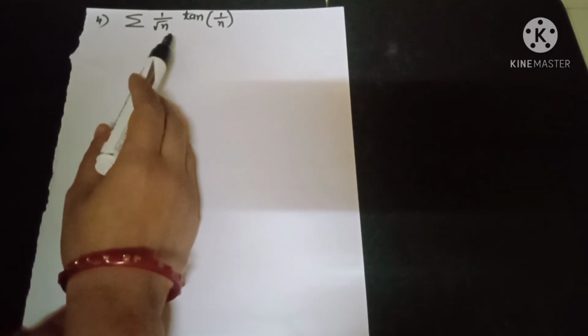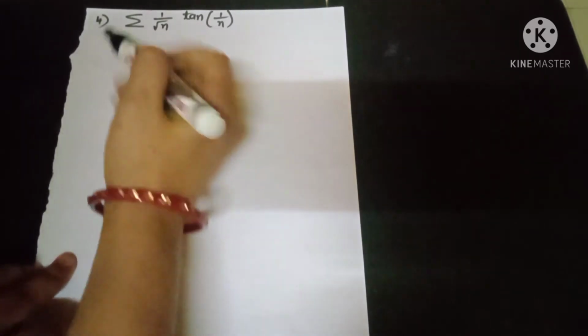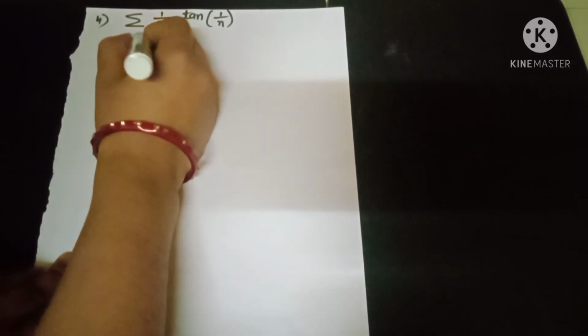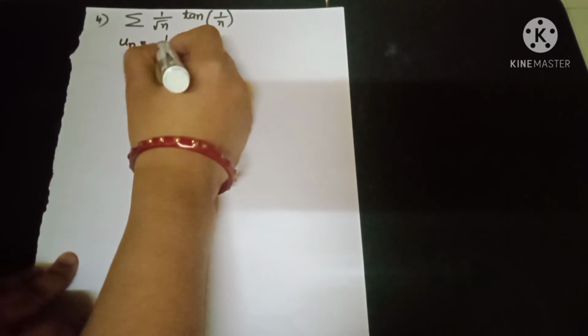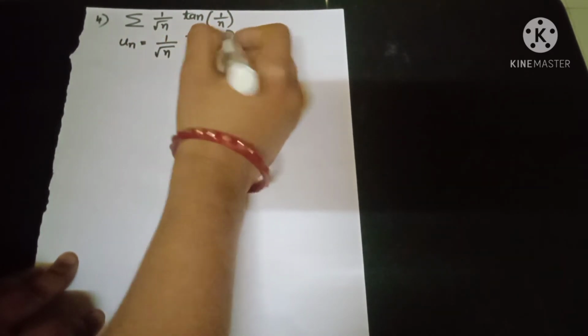Fourth problem is sigma n equal to 1 upon root n tan 1 by n. Here we will test for its convergence, where un will be 1 by root n tan of 1 by n.